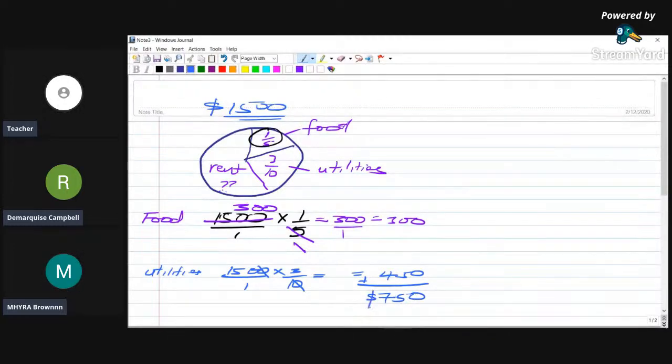So if we add the amount on food and the amount on utilities, we get 750. So if we know that this part is 300 and this part is 450, and we want to find out what this side is, and we know that the total is 1,500, what do we do?